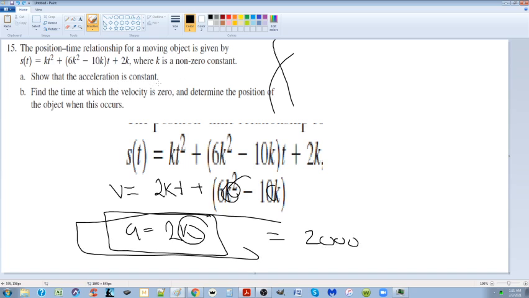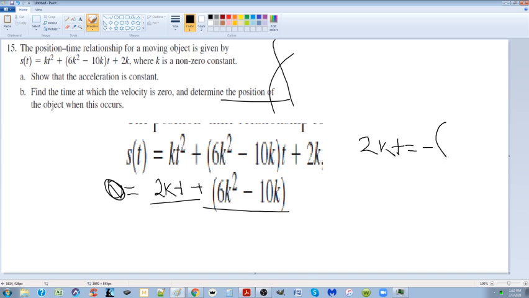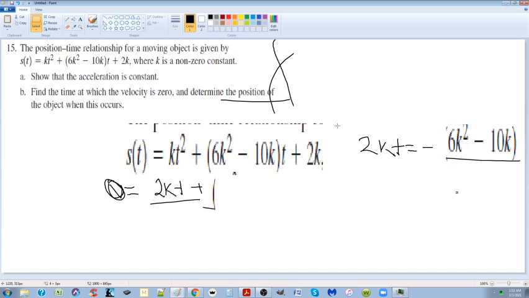Find the time at which the velocity is equal to 0. Okay, so here's what you do with that. Determine the position. So when you set this to 0, you're going to isolate t. So all that's going to go to the other side. Okay, which means t is equal to this.